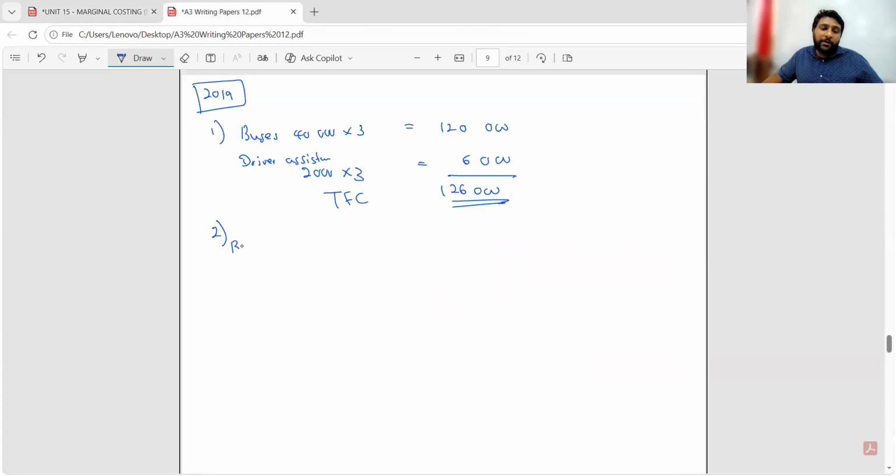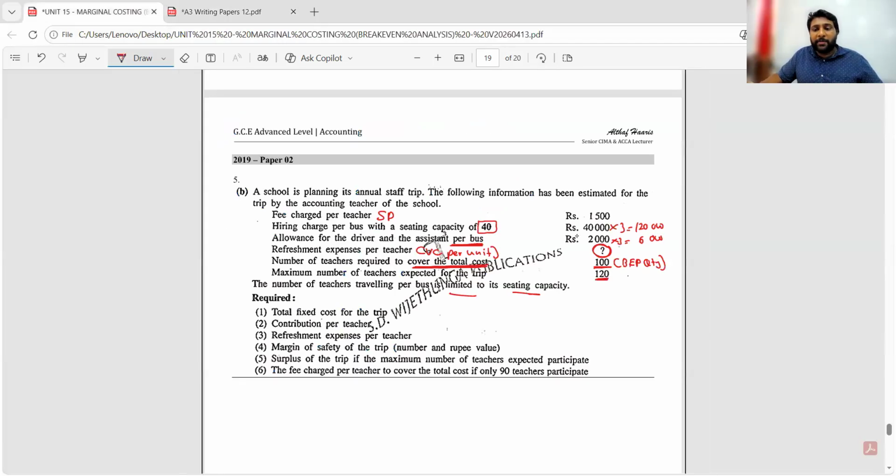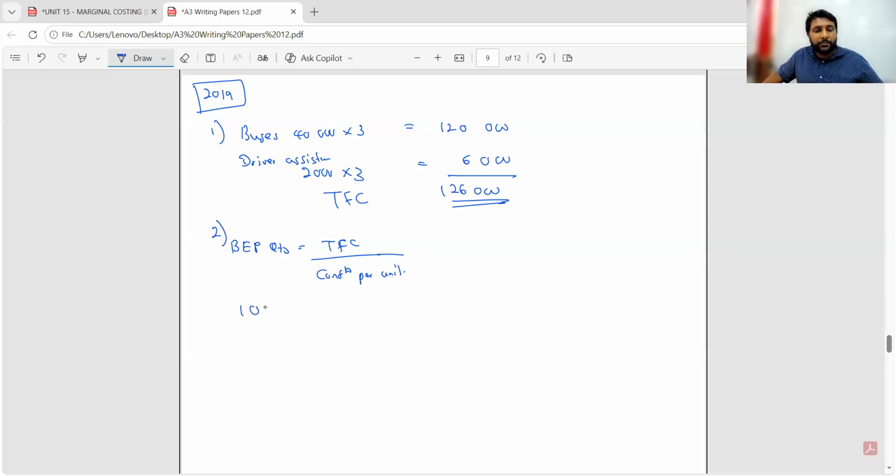So tell me, break-even quantity equals total fixed cost divided by the contribution per unit. The break-even quantity given is 100 teachers. Total fixed cost is 126,000. We found it. Then what is the contribution per teacher? Let it be X. X equals 1,260.